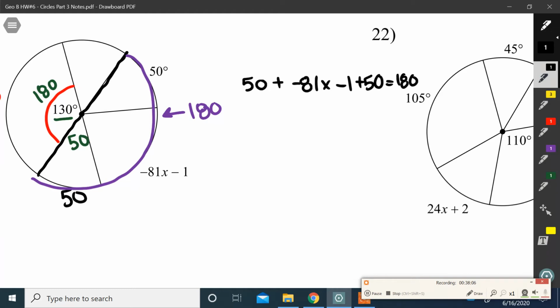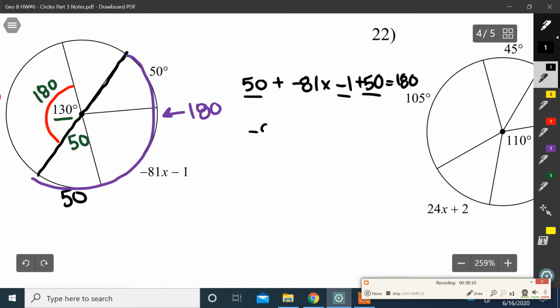Now all I have to do is simplify. 50 plus negative 1 plus 50 is going to be 99.